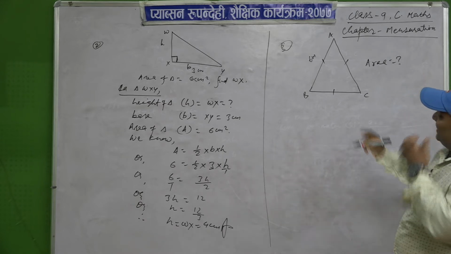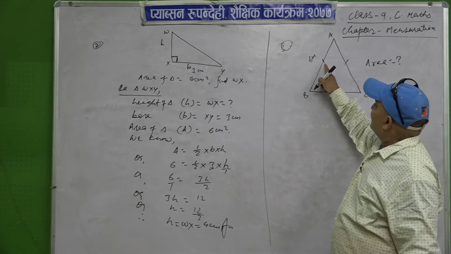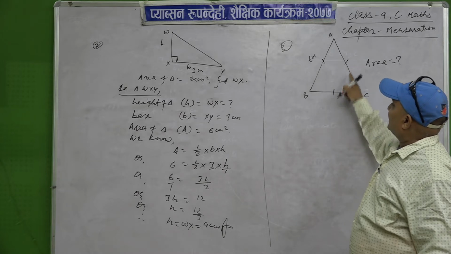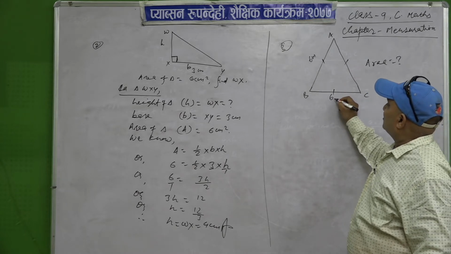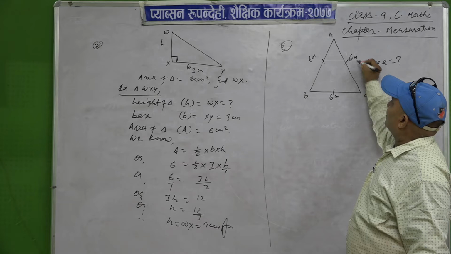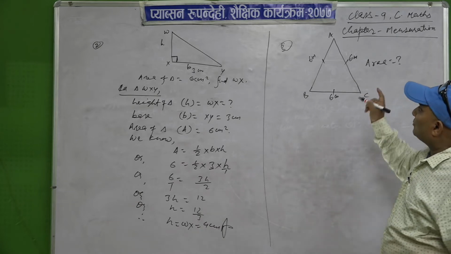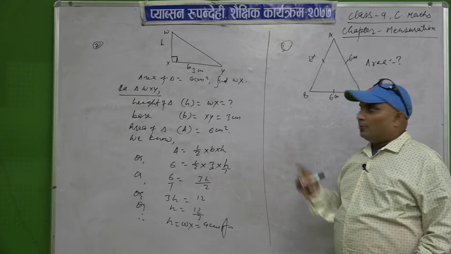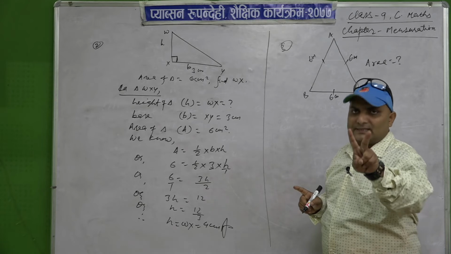See, here is given this side 6 centimeter and all three sides are equal, that is, this is also 6 centimeter, this is also 6 centimeter. So how to find out area of this triangle? We can find out area of this triangle by two ways.